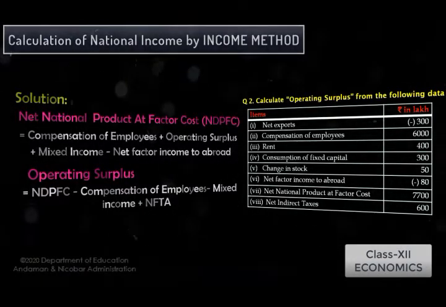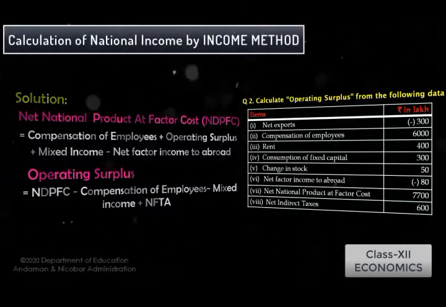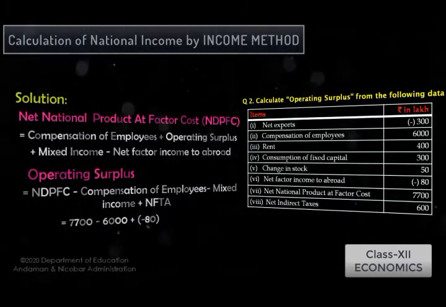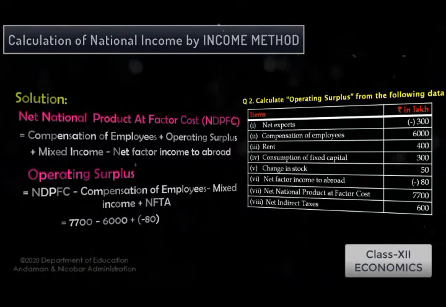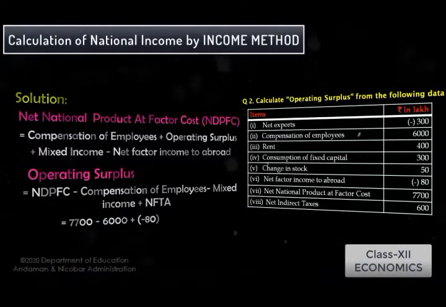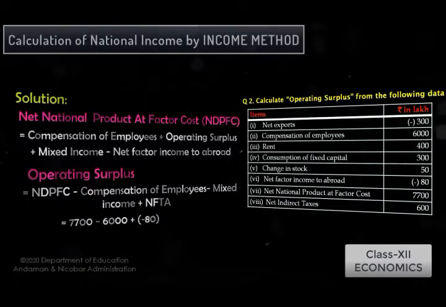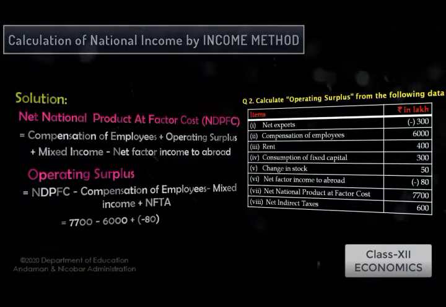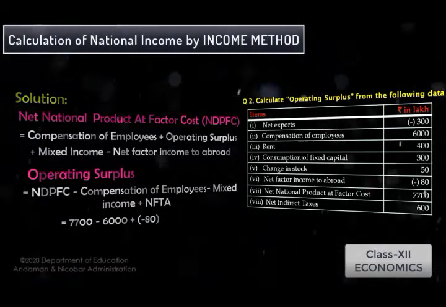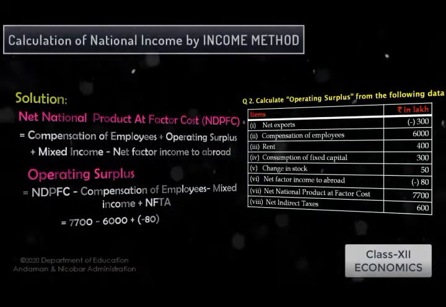Now we will put the values in the components, that is NNP at factor cost equal to 7700 minus the value of compensation of employees, 6000, then plus NFIA, that is net factor income to abroad, which is given as minus 80. So minus 80 will be written in brackets.